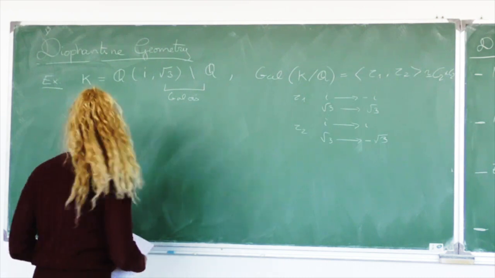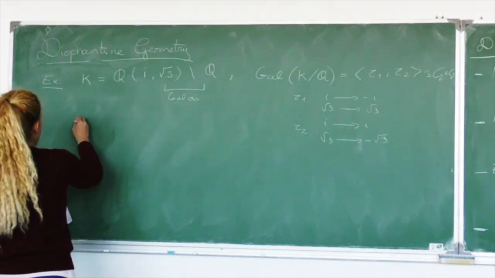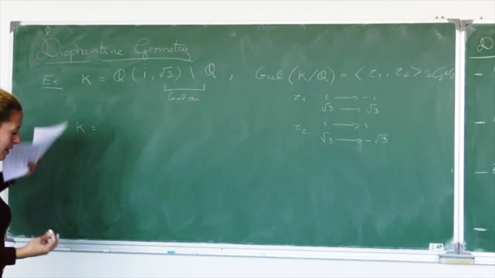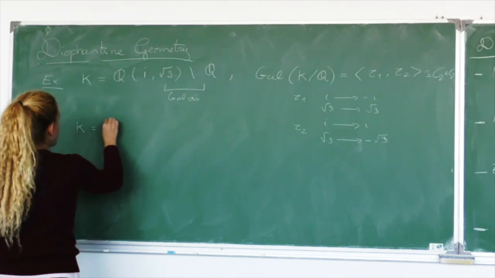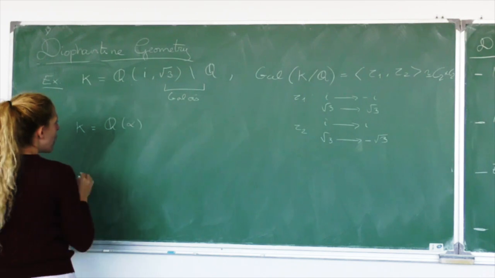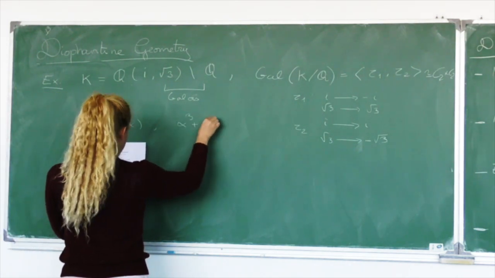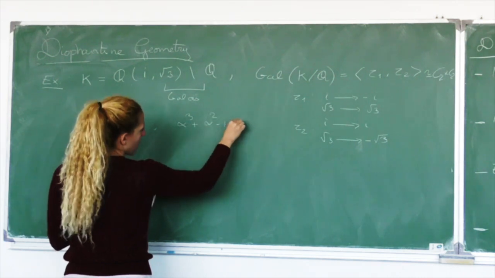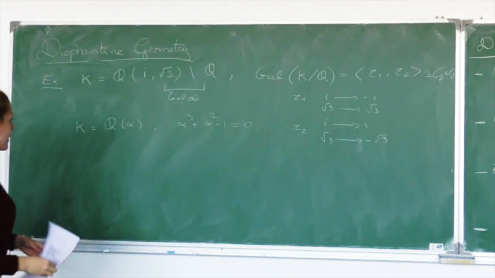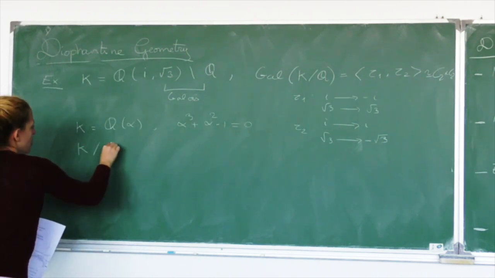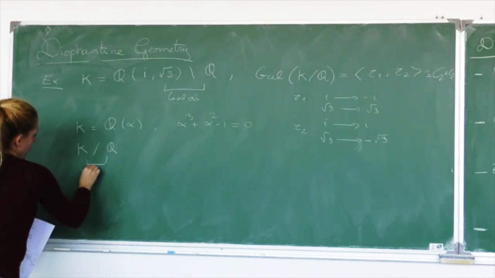So this is an example, but we can also consider another one. I call it again K, but it's a different one. I'm going to call it Q of alpha, where alpha is a root of the following polynomial. This number field is not Galois.